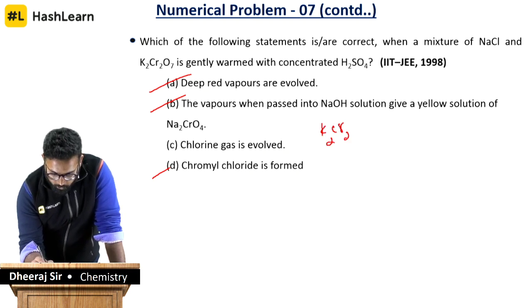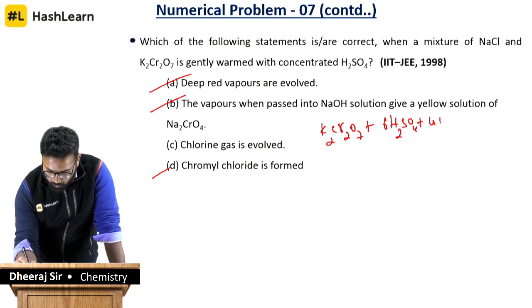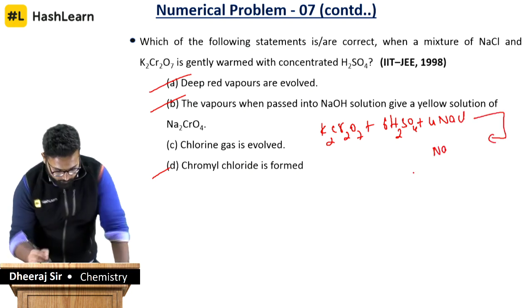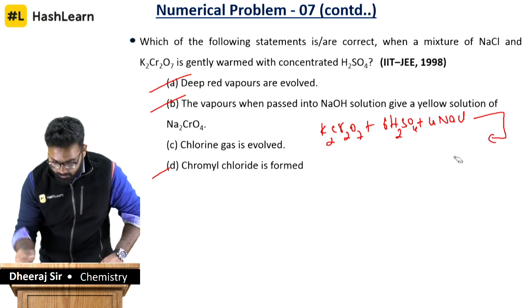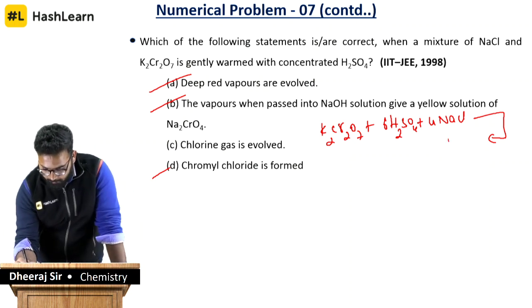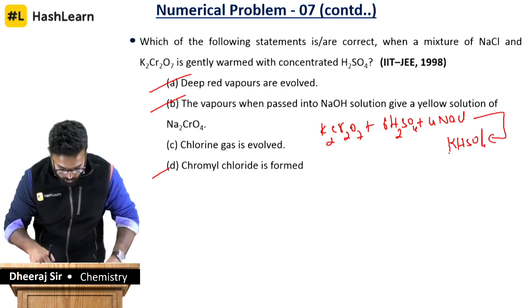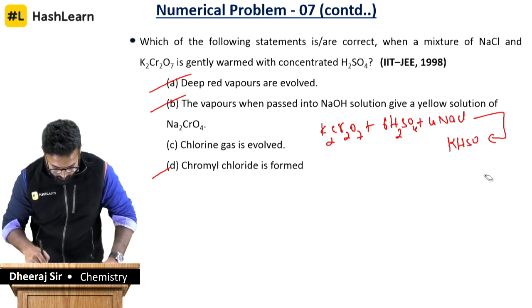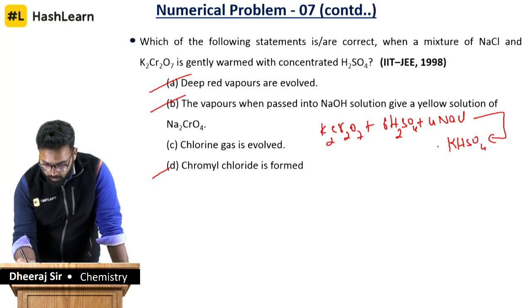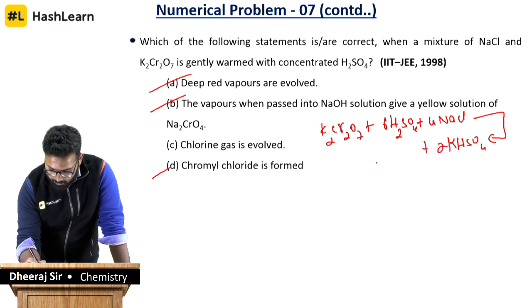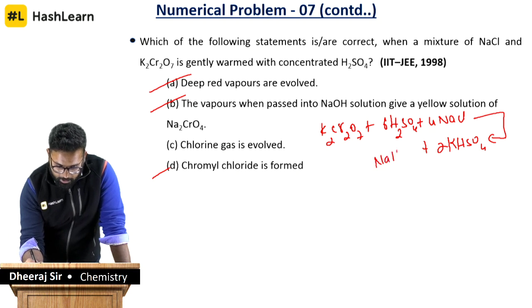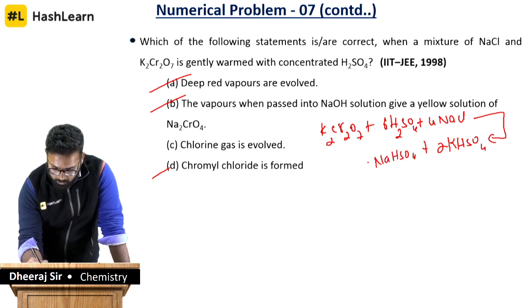K2Cr2O7 plus 6 moles of H2SO4 plus 4 moles of NaCl is going to give me KHSO4, how many moles? 2 moles, plus NaHSO4, how many moles? 4 moles.